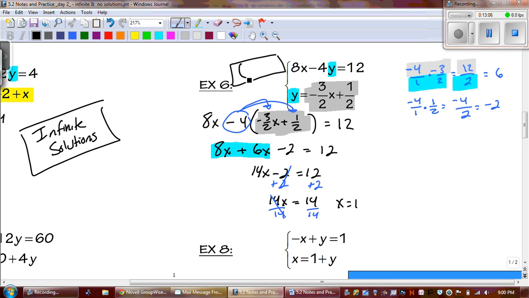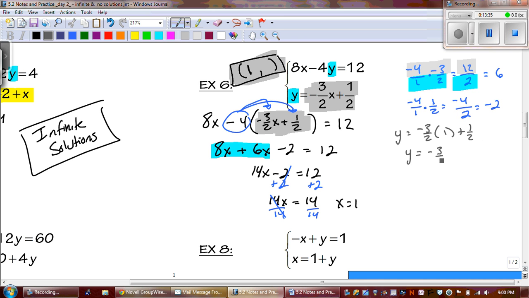So remember, we need a point, and all we know is that first number. I need to know what the other one is. So we're going to plug into the original equation, the one where y is all by itself. So negative 3 over 2 times 1 plus 1/2. Well, 1 times anything is just whatever the number is.